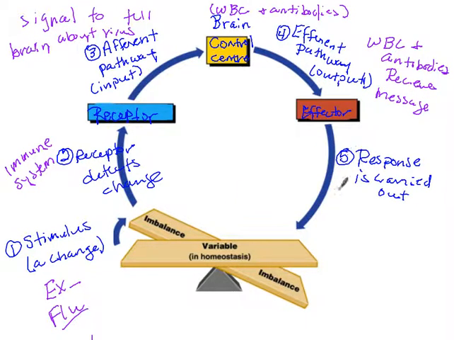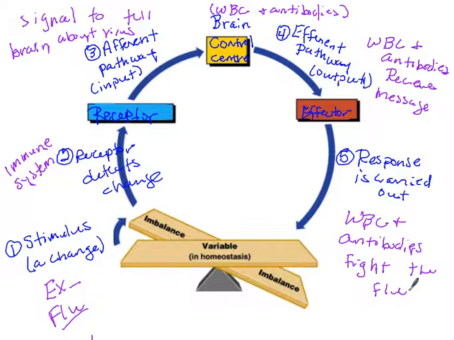And then what's going to happen down here is that once they receive the message from the brain, our white blood cells and our antibodies will fight the disease. And then our body should eventually go back to homeostasis once that flu virus has been killed.